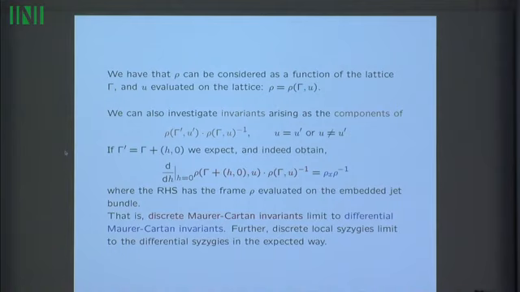So these things are my discrete invariants. They look like discrete invariants, and when I coalesce in a well-defined way, I pick up the smooth curvature matrix. So in other words, my discrete Moore-Cartan invariants limit to the differential ones, and the discrete local syzygies limit to the differential syzygies.